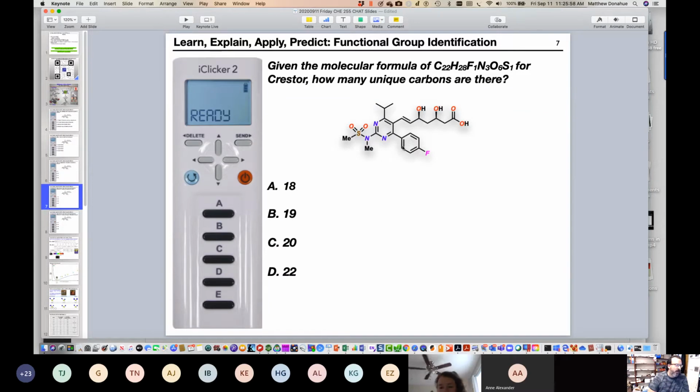So instead of counting those as 1, 2, we just count it as 1. You look now here, you're standing here, you look there, you see the same thing. So those are counted as 1. They're different than these though, right? Because the relationship, this is right next door, this is 2 doors over. So we have 1, 2, 3, and then this one's different because it's bonded to fluorine, so that's 4.